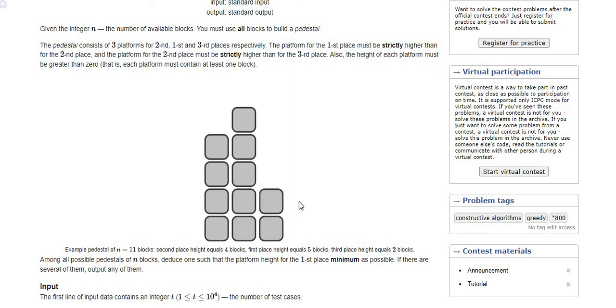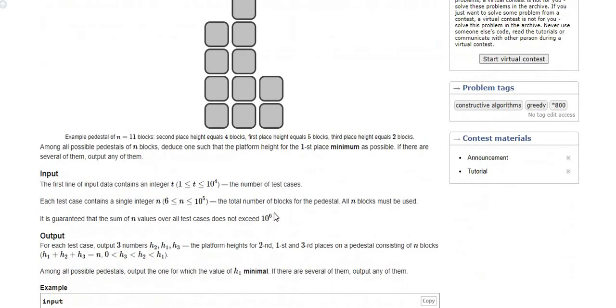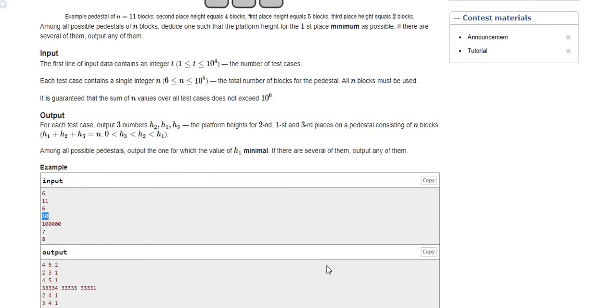Then gradually I will take one element from this and add it into this, then again take one element from this and add it into this. Once this becomes 0, at that point I will not add anything here. Instead, I will add one additional element here, so that this is of max length compared to this, and this is of max length compared to this. That's the problem and that's the idea here.